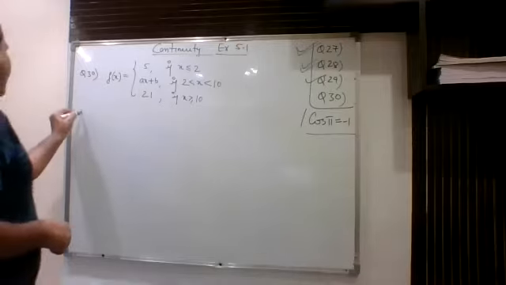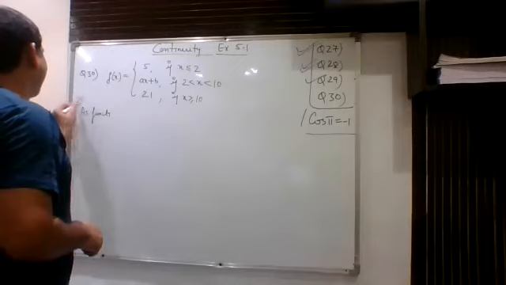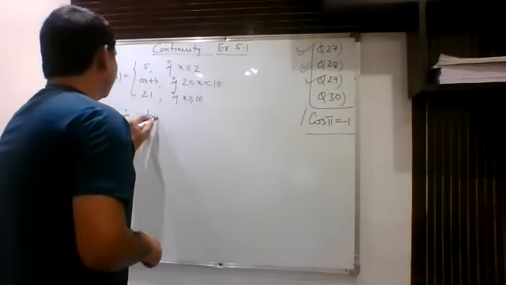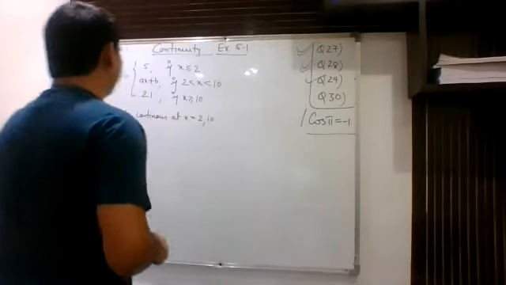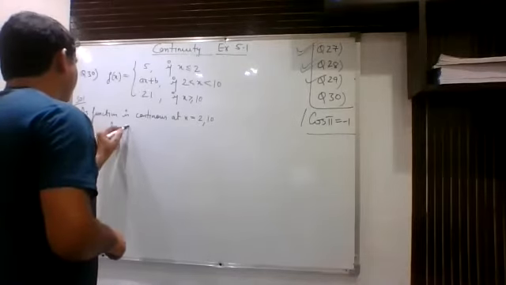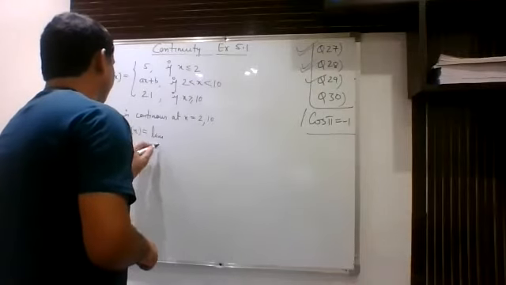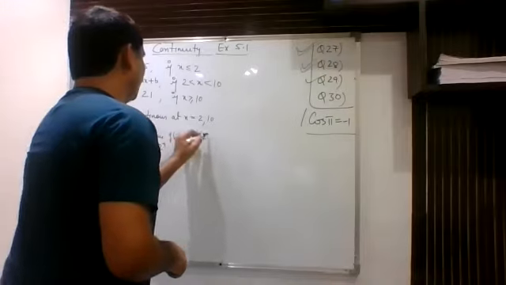So you will write as function is continuous at x is equal to 2 and 10. Therefore, we have limit of x tending to 2 minus is equal to limit of x tending to 2 plus is equal to f applied to 2.